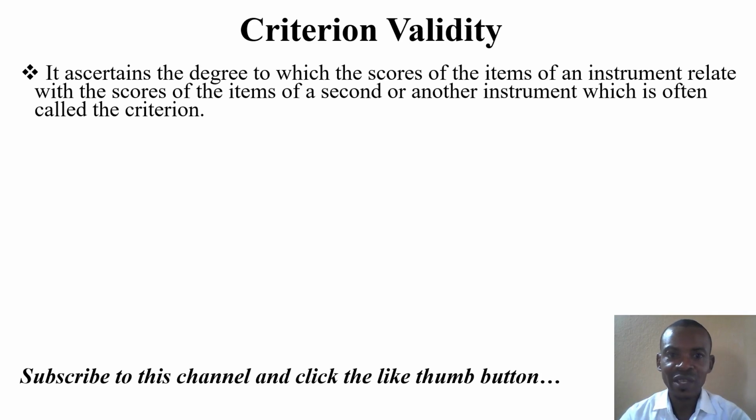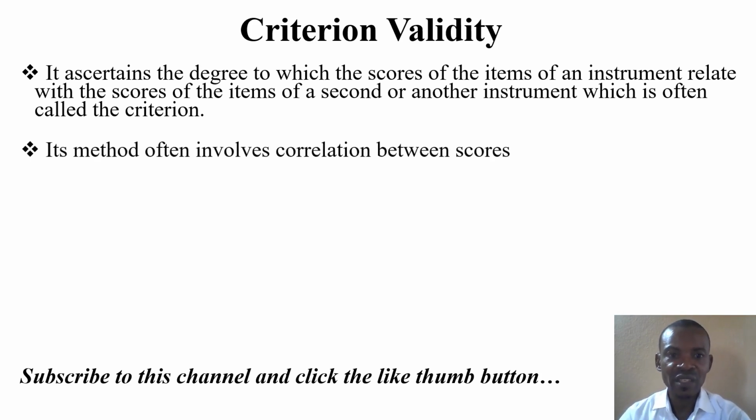So it is a measure of the degree to which the scores of the items of an instrument being validated is correlated with the scores of the items of another or a second instrument, which is often considered as the criterion. It means that its method is simply a correlation between two scores.